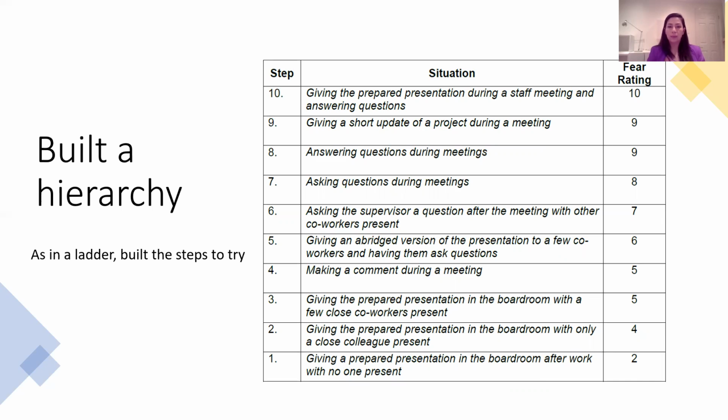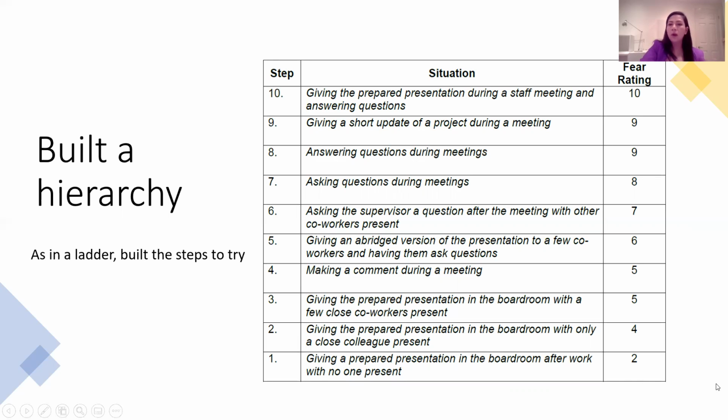So first, the step may be giving a prepared presentation in the boardroom after work when no one is present. And that might still be quite distressing, but not as high as giving the full presentation in front of all of the coworkers. A second step might be giving the presentation in the boardroom with only one close colleague present.